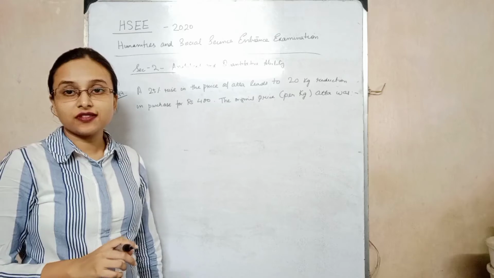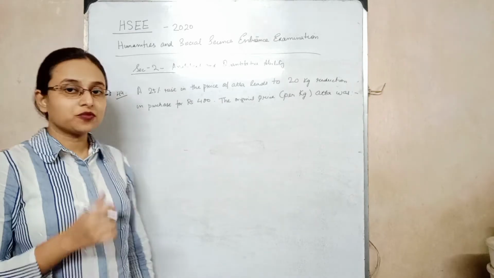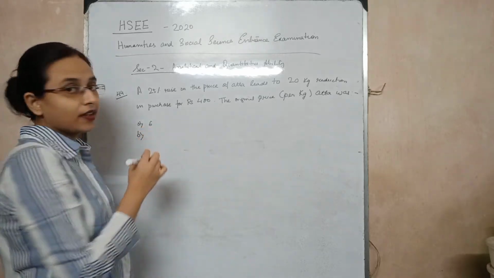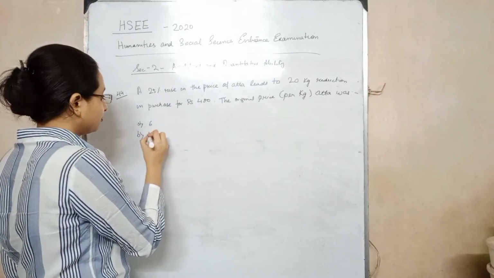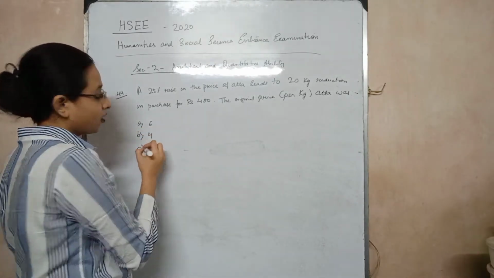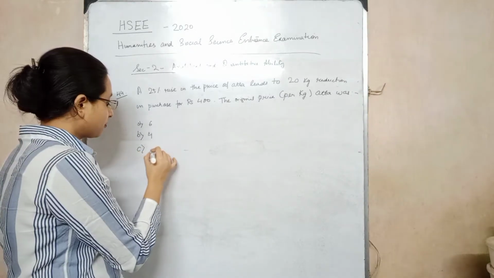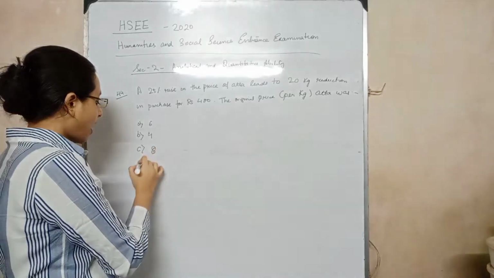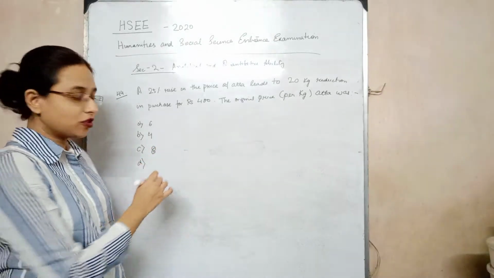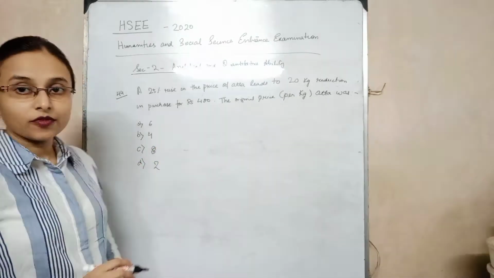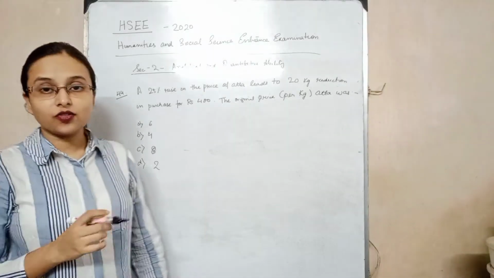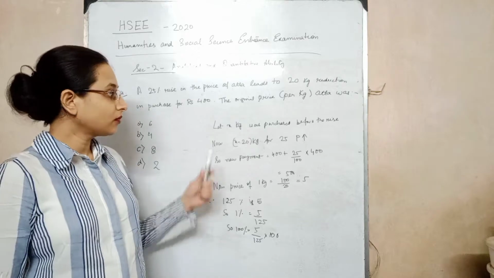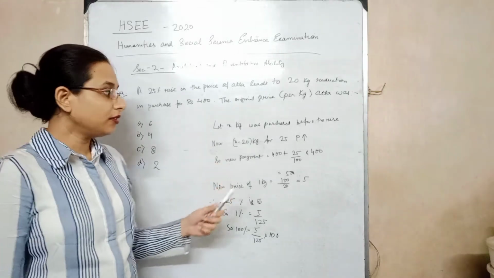The four options given to you are: first option 6, second option 4, third option 8, and the fourth or D option is 2. Okay, 6, 4, 8, 2. Which will be the correct answer? We will solve this now. See, I have written down the answer.